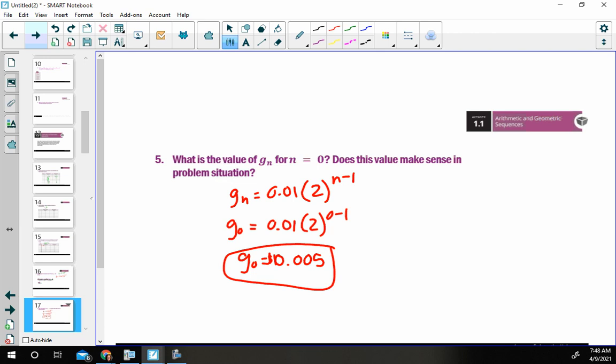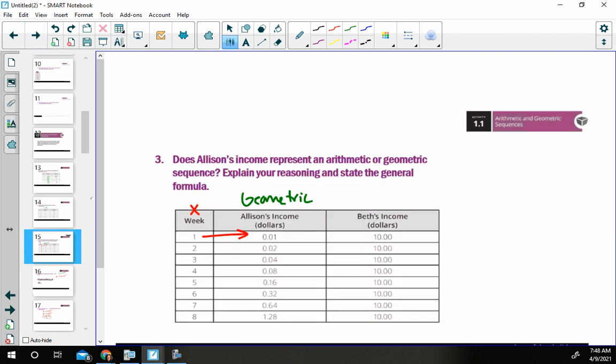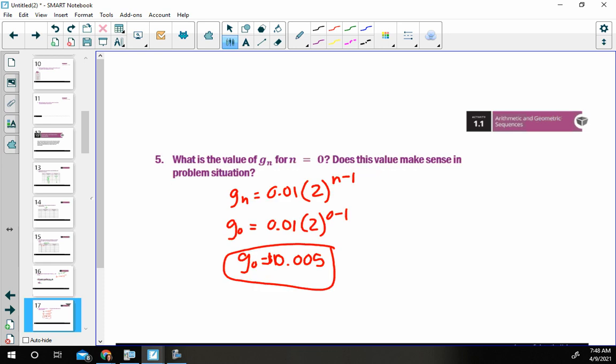Does it make sense? Well, first off, what does the 0 mean? When I say G sub 0, and I'm talking about those n's, what does n mean? This is kind of like the warm-up, the x's. You could have it representing x if we're trying to graph it in a graphing calculator. So what does the x actually mean? Back here I put x as my number of weeks. So this is basically saying at week 0, I should have half a penny.